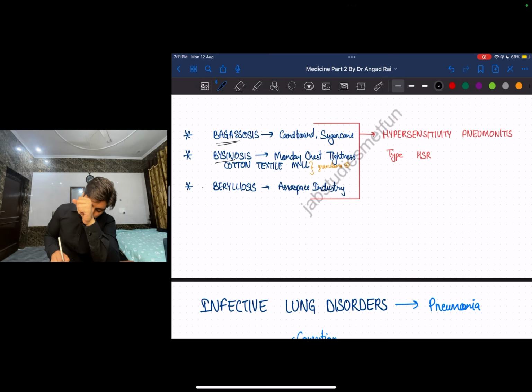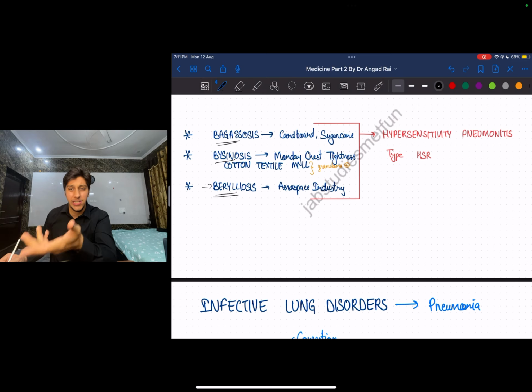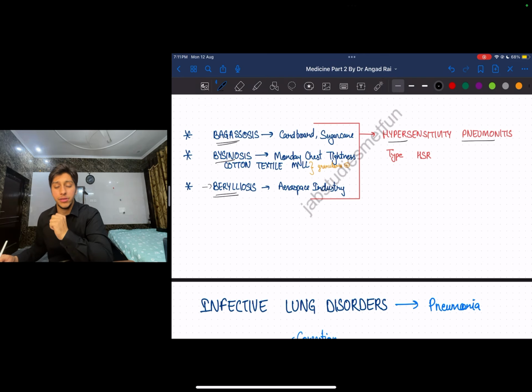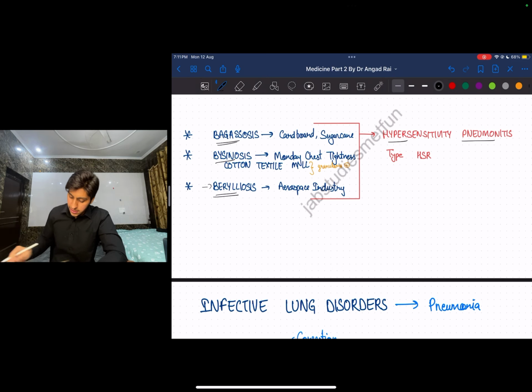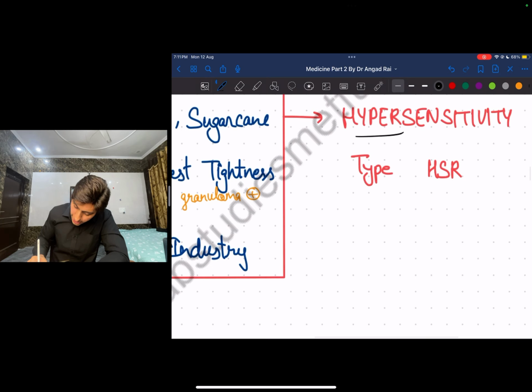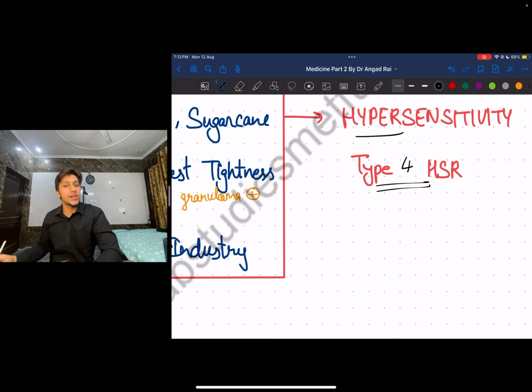And then there is berylliosis, which is because of aerospace industries. What I want you guys to remember is all these conditions come under hypersensitivity pneumonitis. And the next question they ask in pathology is, what is the type of hypersensitivity reaction in hypersensitivity pneumonitis? Guys, it is a type 4 hypersensitivity.